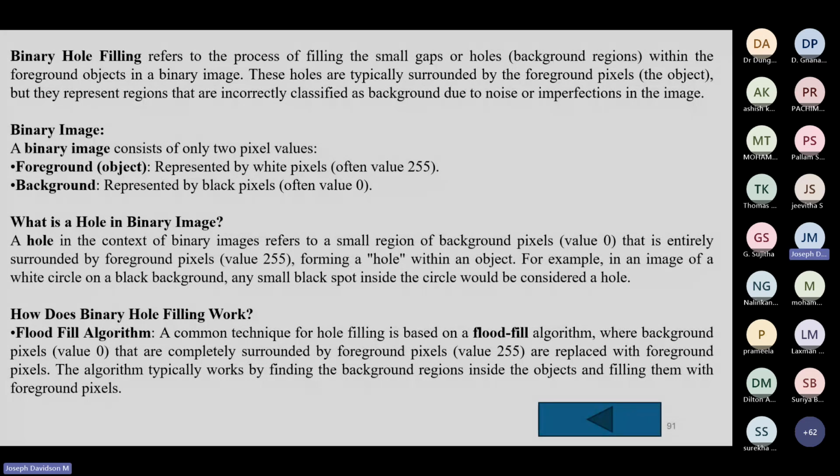So it identifies and fills it. How does it fill? There is an algorithm, a famous one called the flood fill algorithm. Wherever the background value 0 is there, it fills it with the foreground value, meaning it fills the black spot with white, so that it all disappears and you have only foreground pixels in the image.